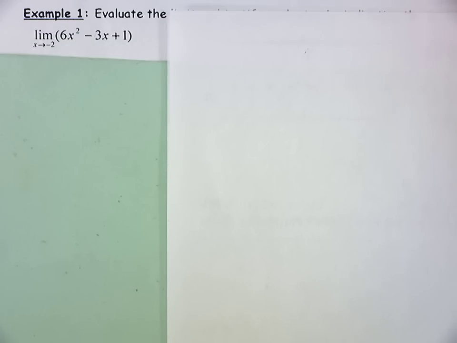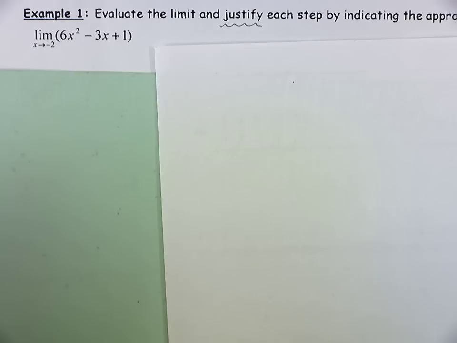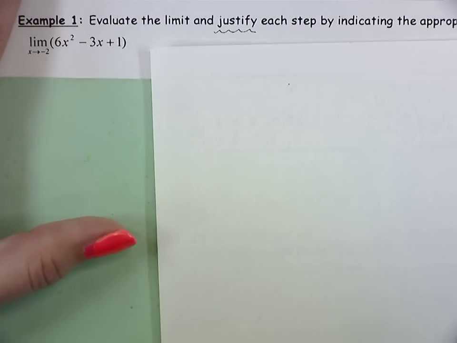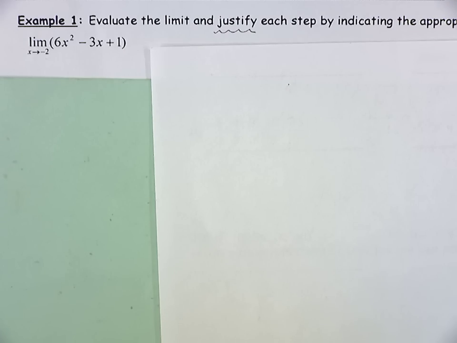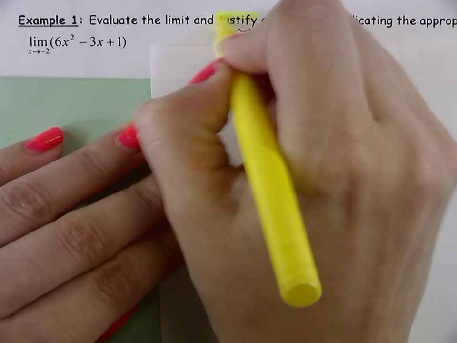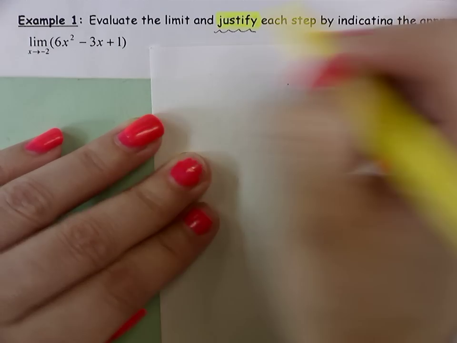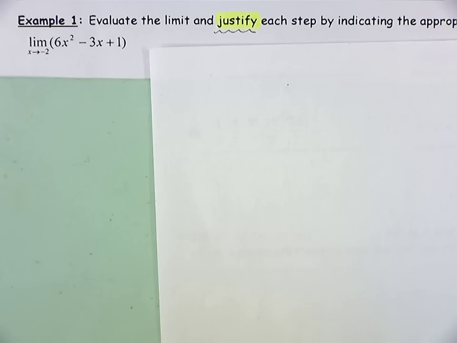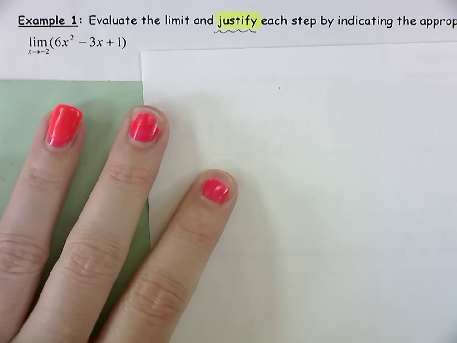Well, for example 1, it says to evaluate the limit and justify each step. So if the directions say to justify each step, that's when you're going to indicate the appropriate limit laws. Okay?